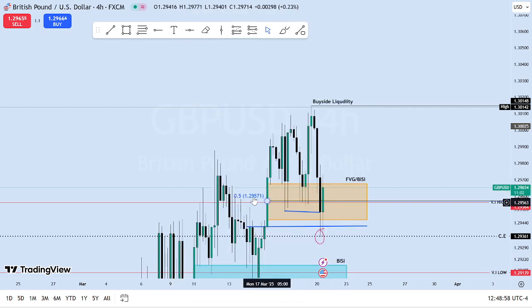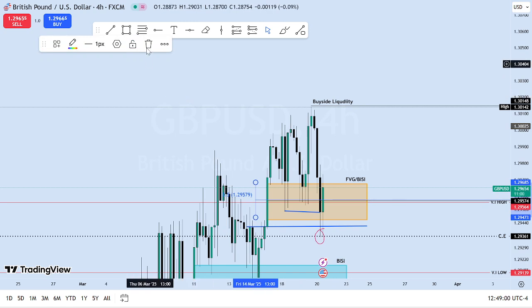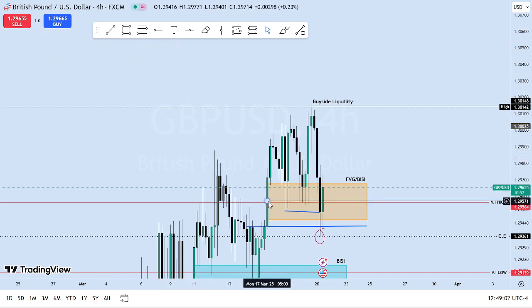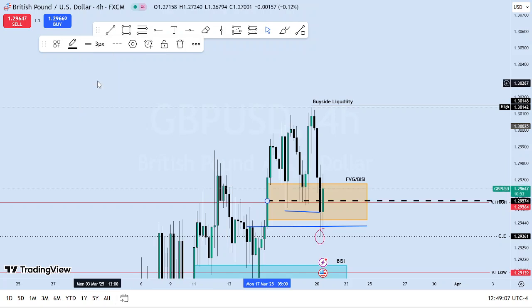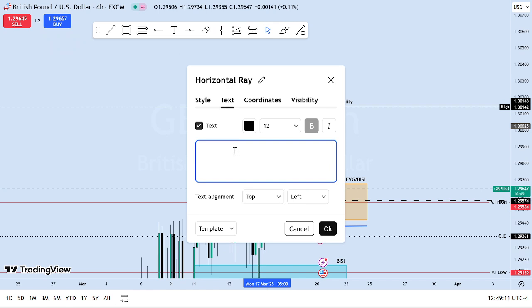With the 50%, you can then remove your Fibonacci, then annotate it. That's the consequent encroachment, the 50% of the fair value gap.